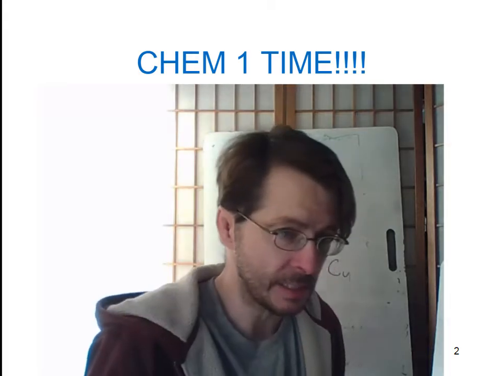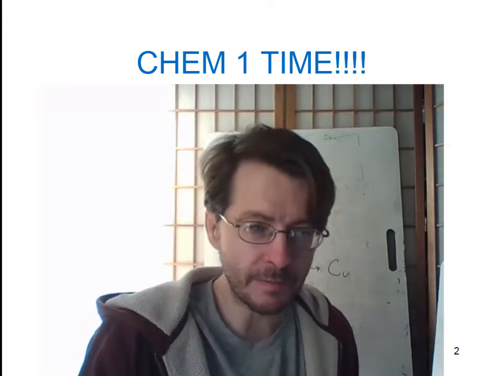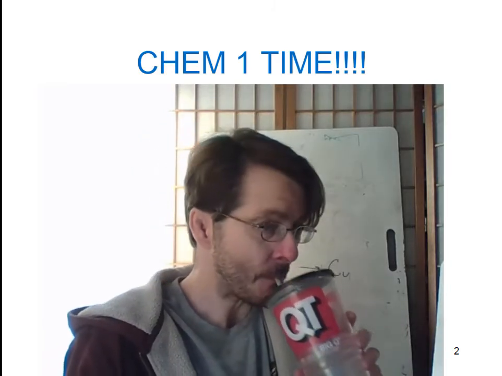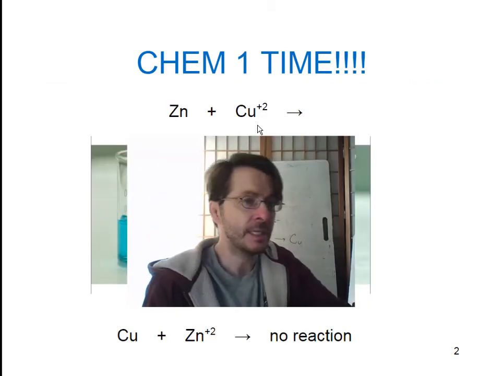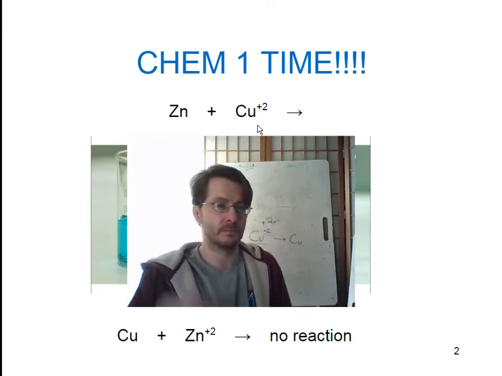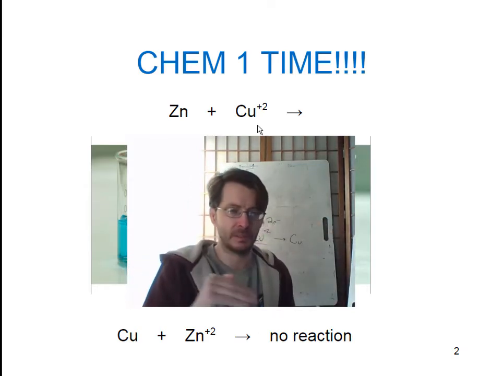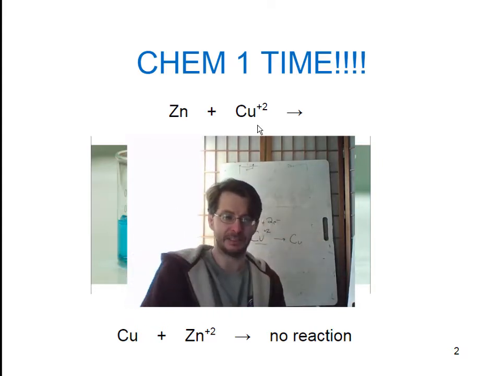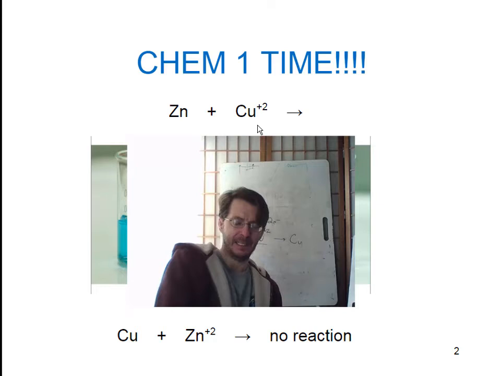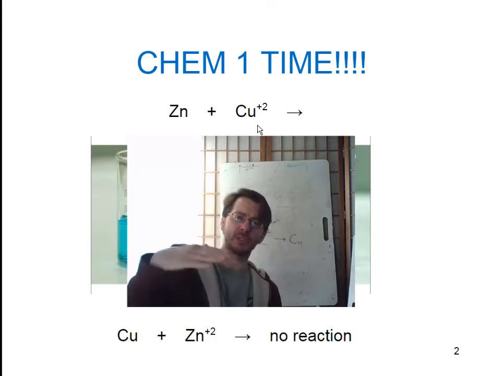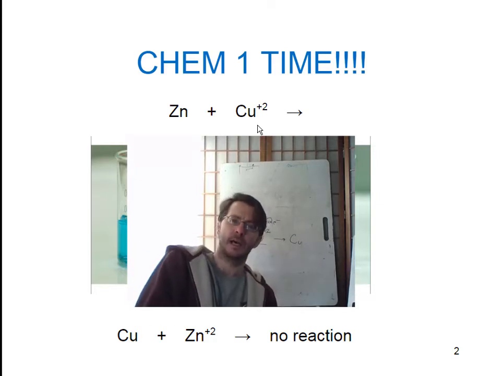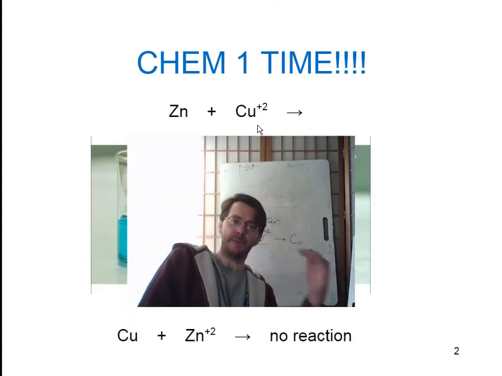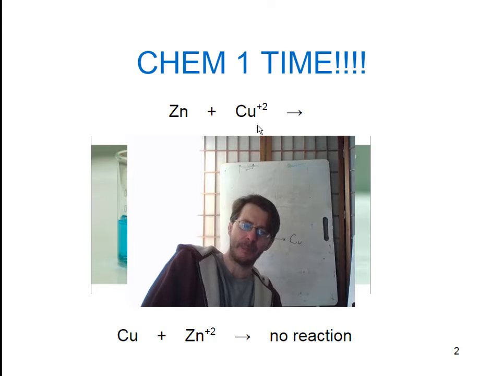Now what's interesting is that, again, one of the things we talked about in Chemistry 1 and Chemistry 2 is that if the forward reaction is spontaneous, which it is in this case where you drop the zinc in, that means the backwards reaction is not.